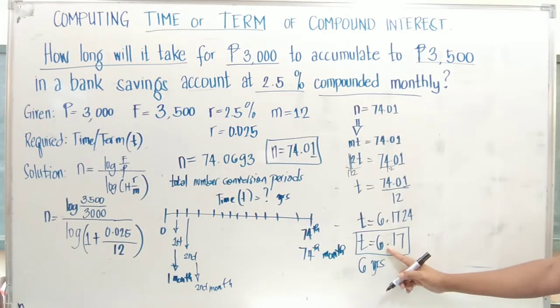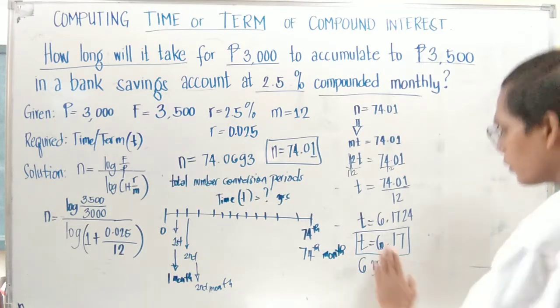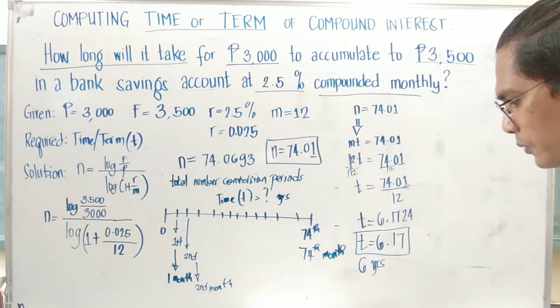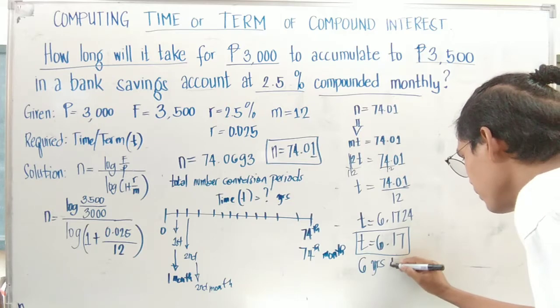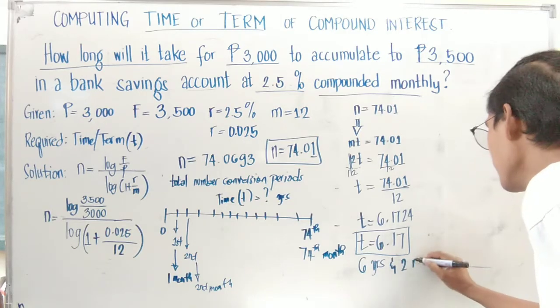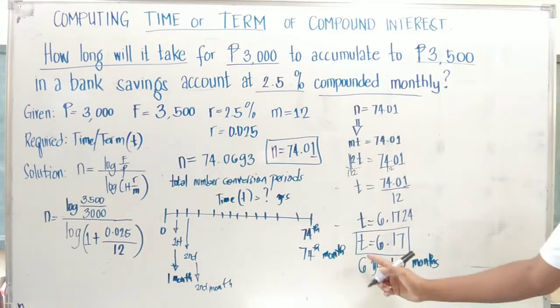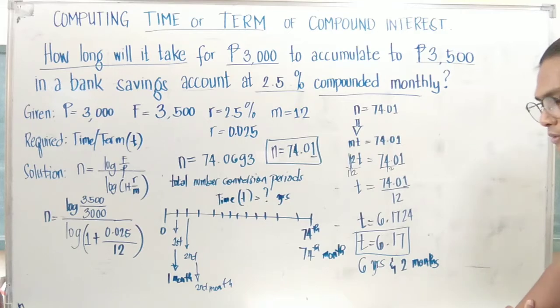Then this decimal 0.17 is the months. So 0.17 times 12, you can have 2. Okay? So it will take 6 years and 2 months.